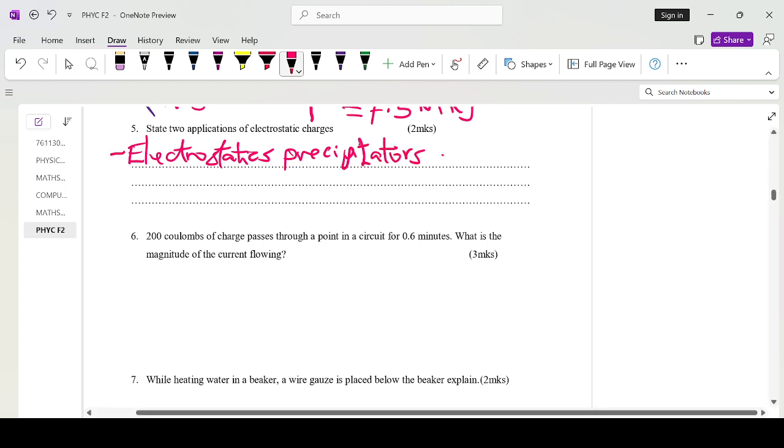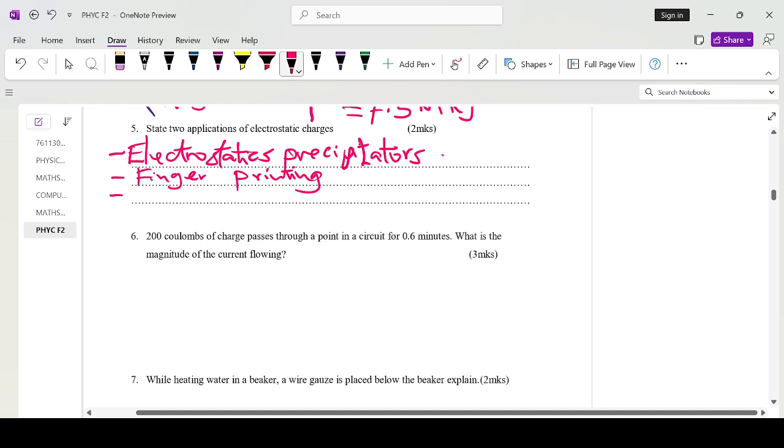Another application of the charges is what we implement in fingerprinting.